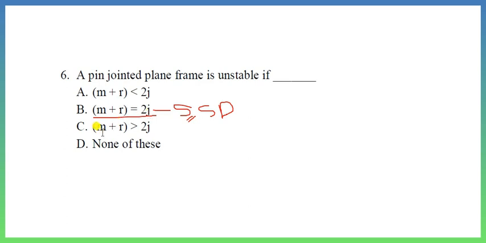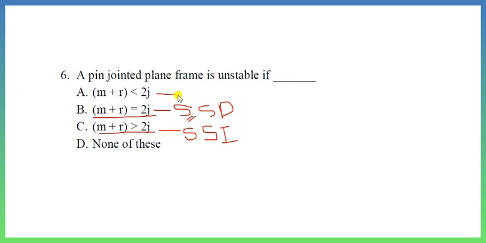So second case, that is m plus r is greater than 2j. In that case also, that structure is stable but statically indeterminate. Statically indeterminate structure.